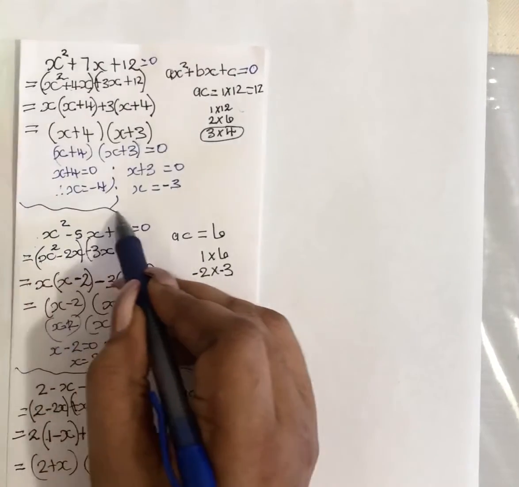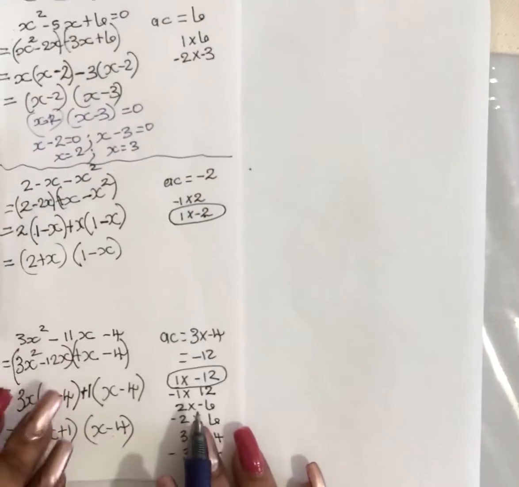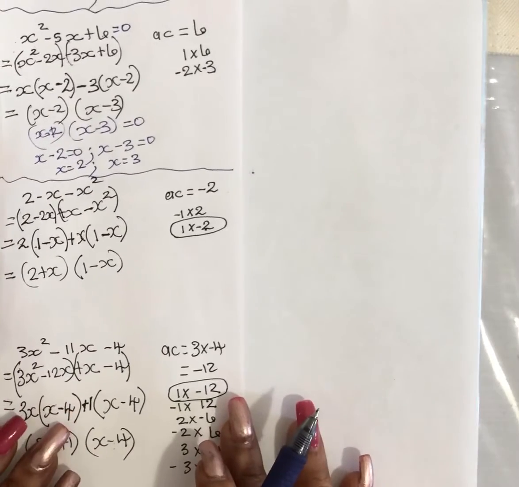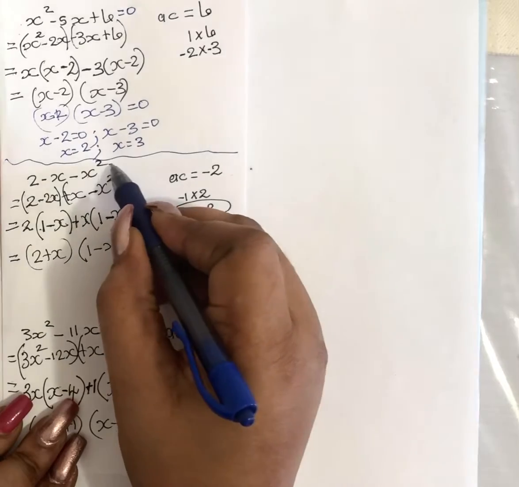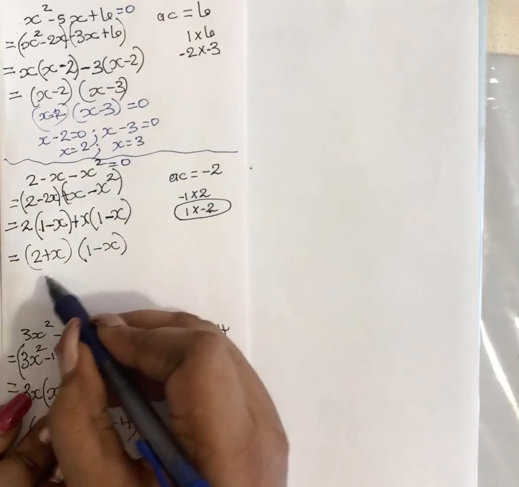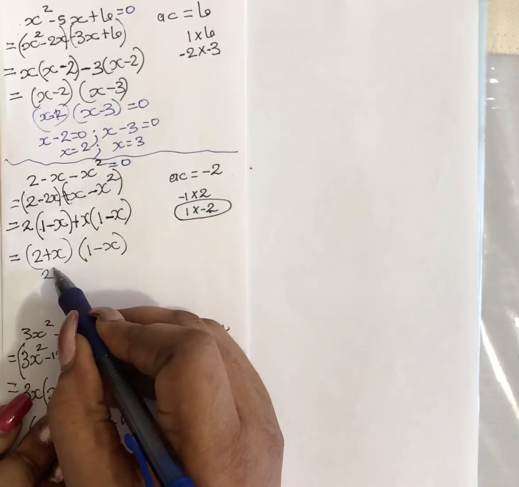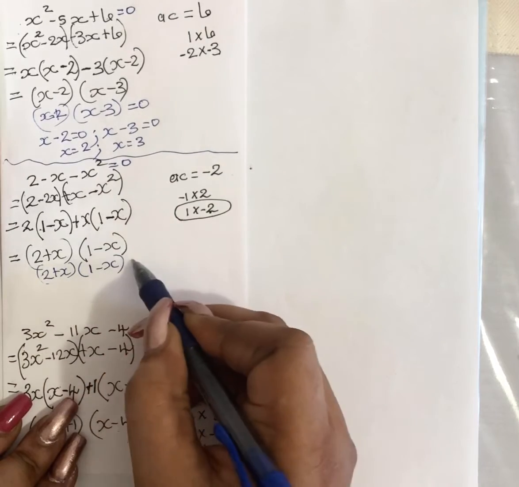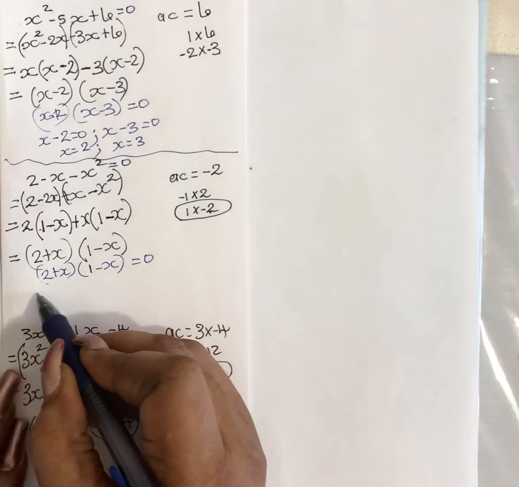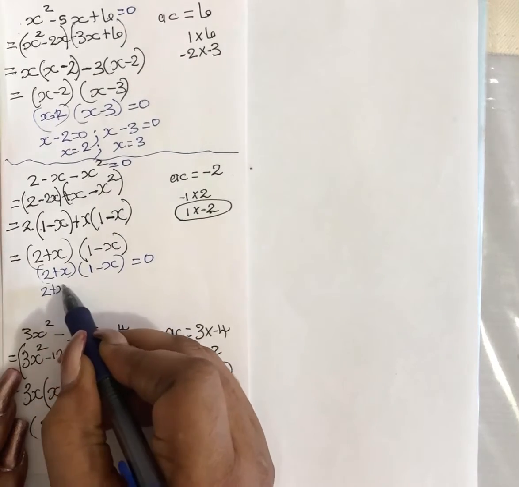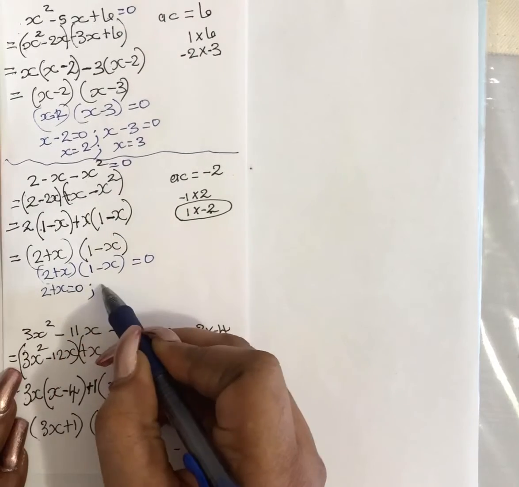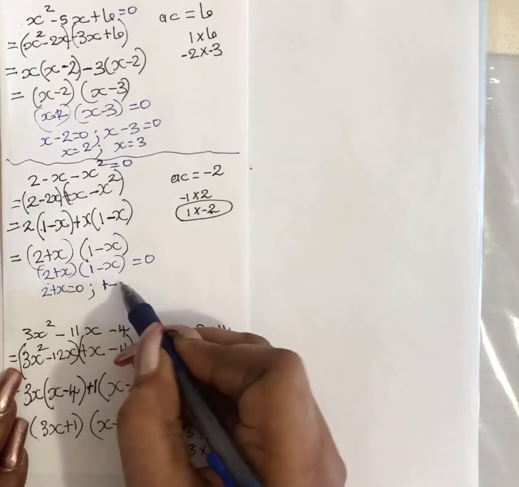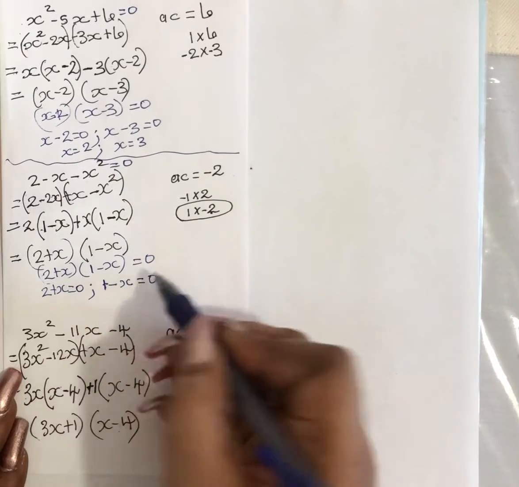So let's go again. I am going to separate them using this line so we can see them clearly. All equations are equal to 0. 2 plus x and 1 minus x is equal to 0. I take the first, 2 plus x is equal to 0, and then I go 1 minus x is equal to 0.